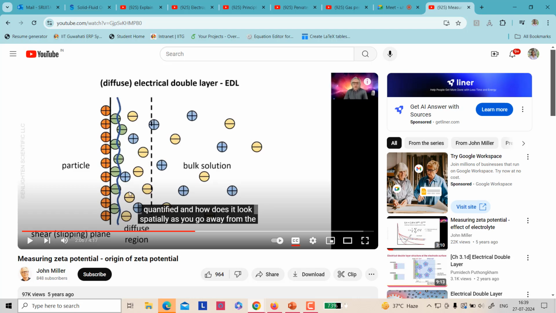Then comes the distribution of negatively and positively charged particles, which is the diffuse region, and this diffuse layer continues until the charge becomes neutral. And this is the bulk solution. As there are two types of charge layer in this diffuse region, this is called the electrical double layer, or EDL.